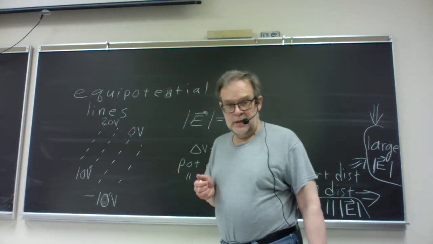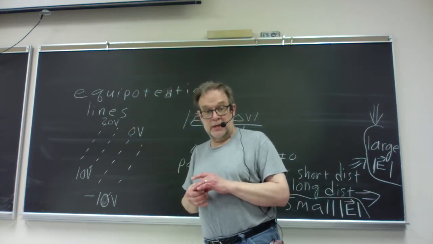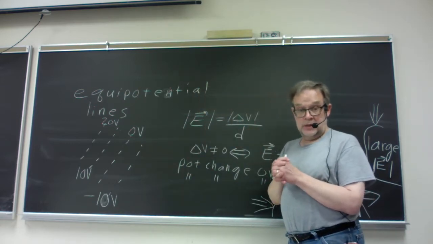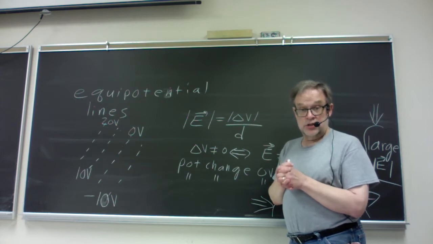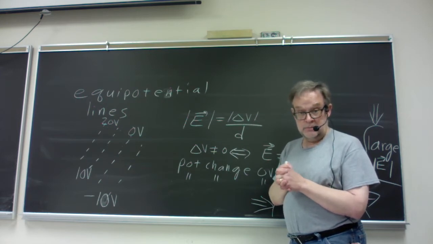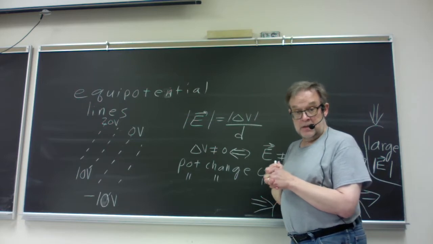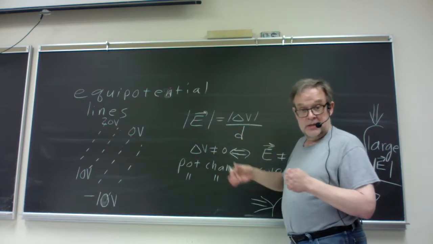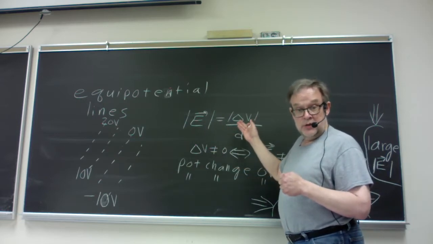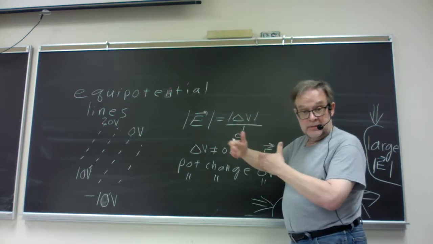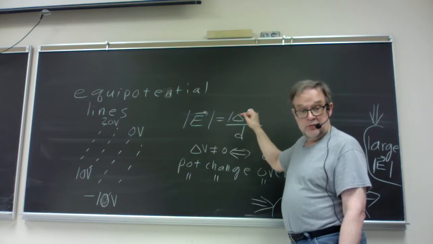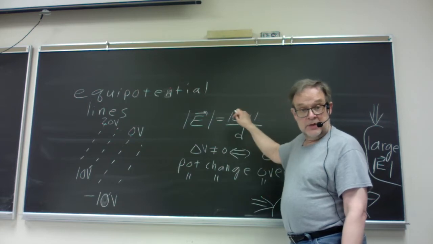The other important idea, you read about it a little bit in the text, is this relationship between electric field and a change in electric potential between different locations. The magnitude of the electric field in some region of space is equal to the difference in potential between 2 points in that area divided by the distance between those 2 points that have that much potential difference.